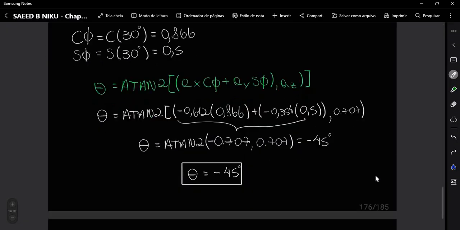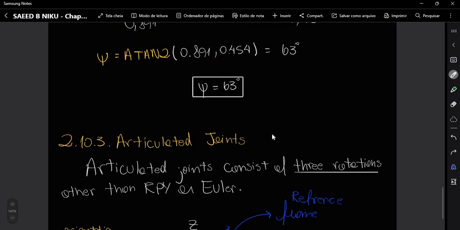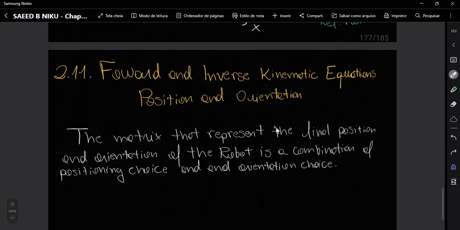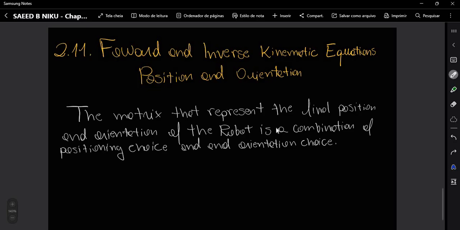So when we are talking about forward and inverse kinematic equations, you automatically need to relate to the use of inverse transformations. So it is a way to do this analysis of the motion of the robot.